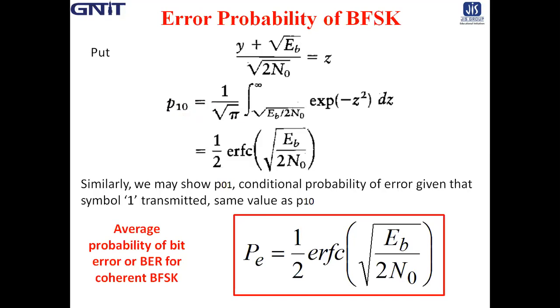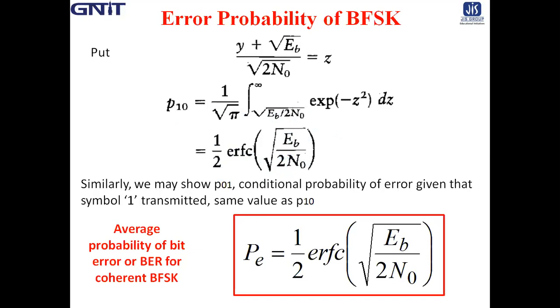So this is in the form of ERFC, the complementary error function. We are already familiar with the term. So P10 is equal to half ERFC square root of EB by 2n0.